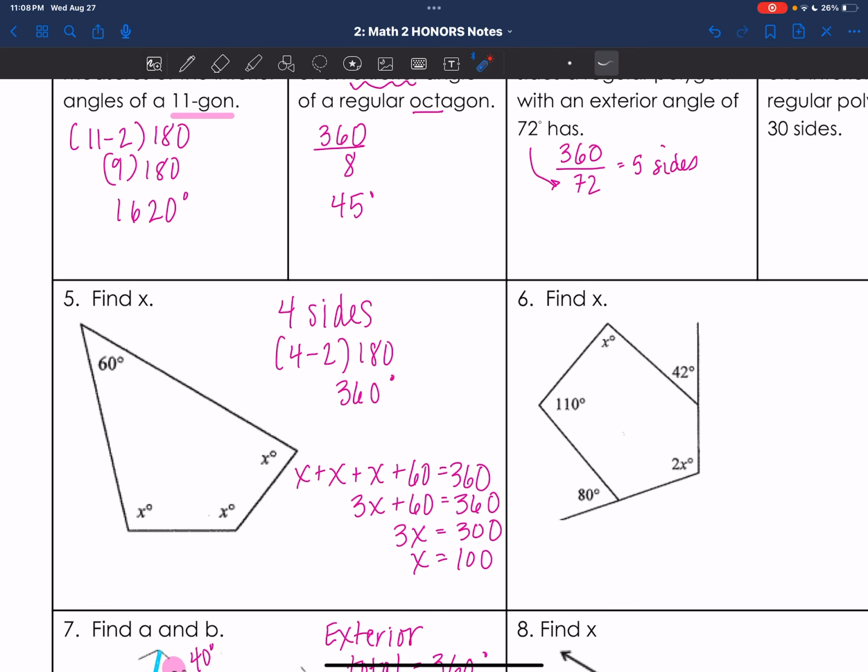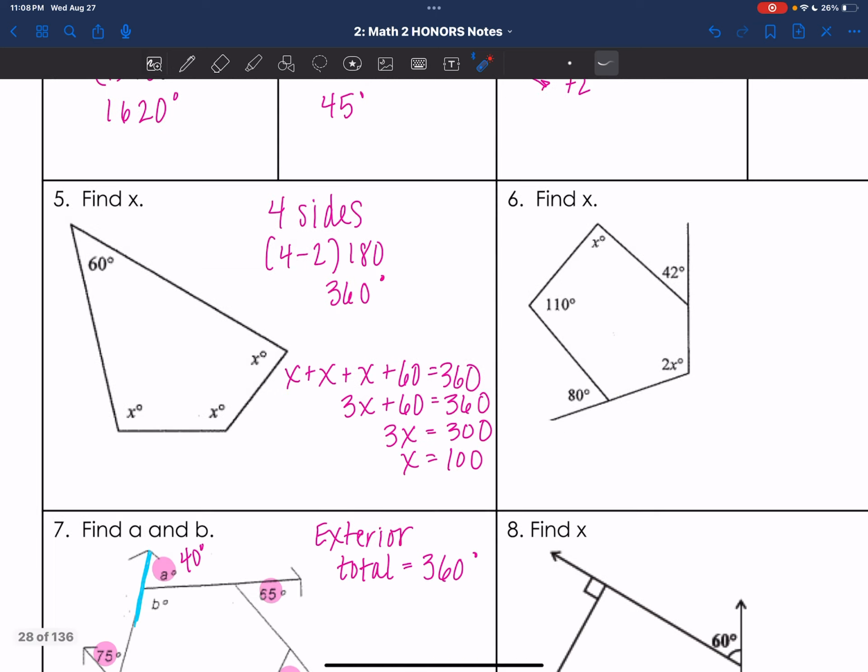So that was pretty straightforward. And here for finding x, you want to think about the inside shape, and then you do have some exterior angles at the moment. But really, if we're finding x, you only need to worry about what's inside. But you do need to make sure you use the 42 to find that one, and you use the 80 to find that one. All right, so a couple different steps on that one.